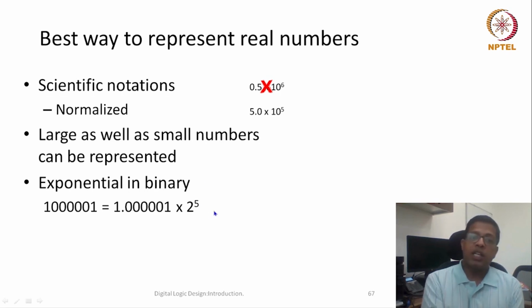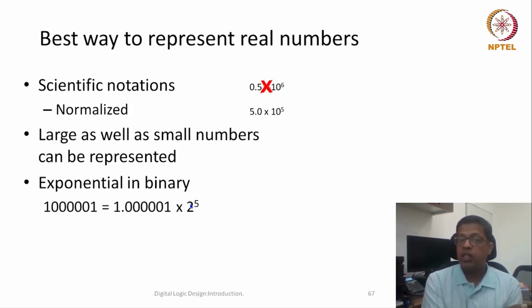It can represent very small numbers as well as very large numbers. A large number means the exponent would be positive; a very small number means the exponent would be negative. So I can represent very large numbers, very small numbers, and I can also control the precision. I know how many precision bits there are.